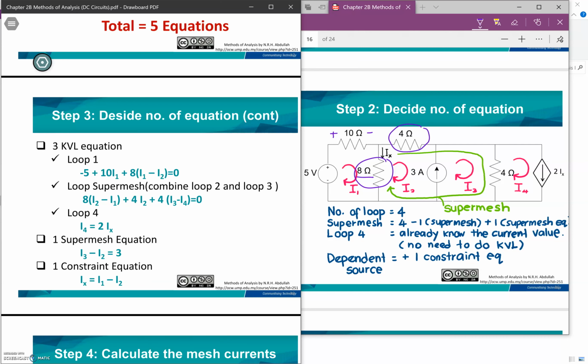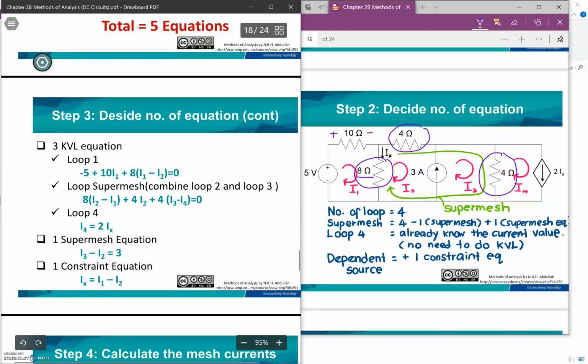So the equation for the 4 ohm will be 4 times I3, because I3 is dominant, minus I4, then equal to 0. And then for loop number 4, because there is a current source at the outer branch, the branch current is equal to the mesh current. So I4 is equal to 2Ix.